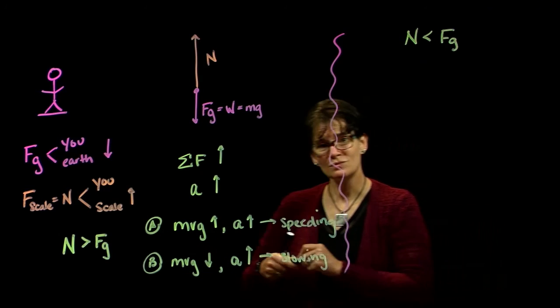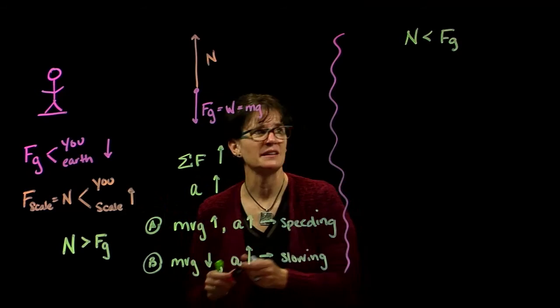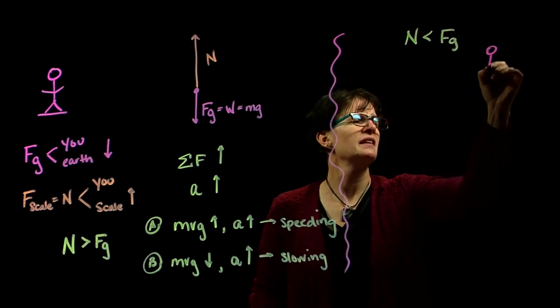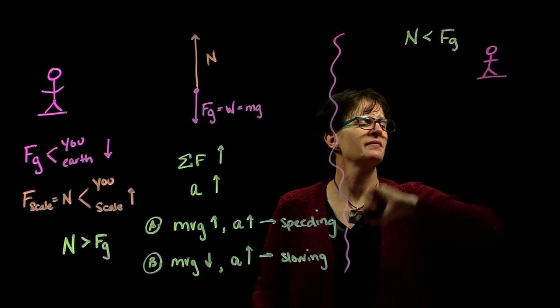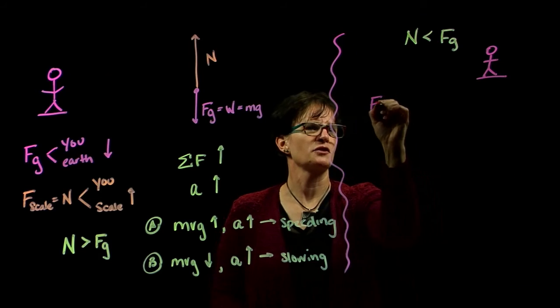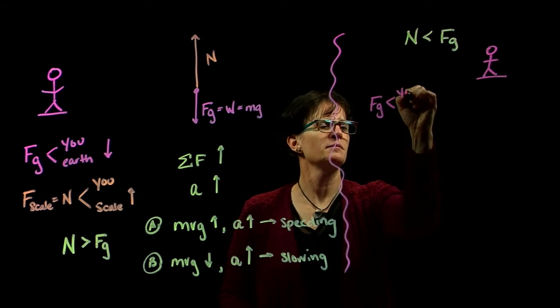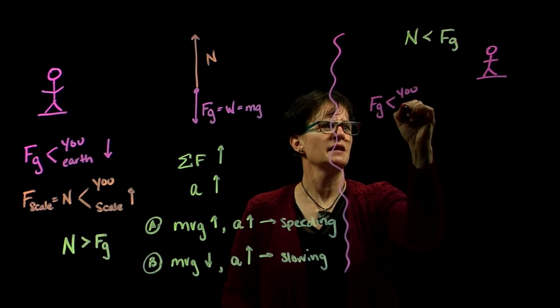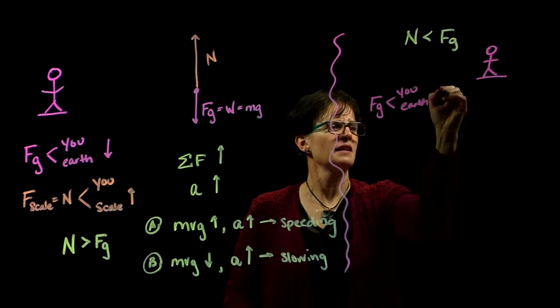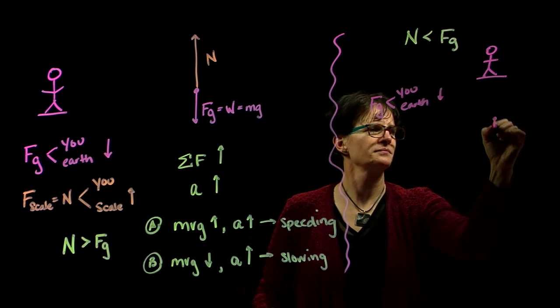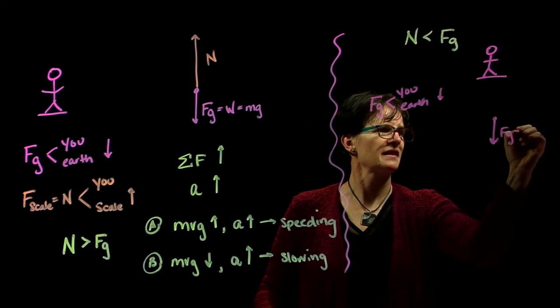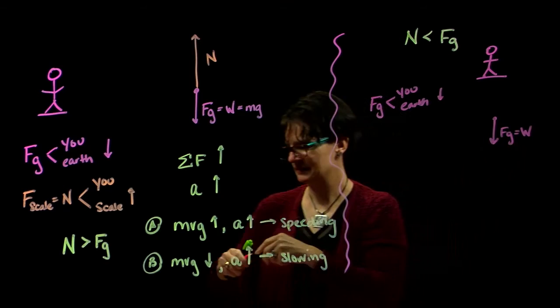So, same situation. Here I am, standing in the elevator, and the force of gravity is interacting with me between you and the earth. And we know that points down, and that is equal to my weight.